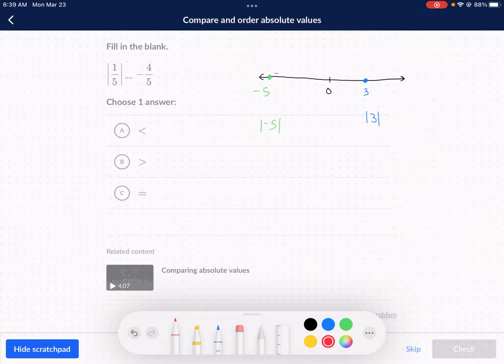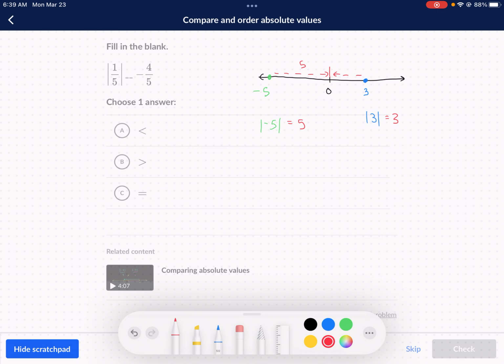So -5, its distance away from 0 is simply 5 units. So it's 5 units away, so this equals 5. Now, 3, how far is 3? 1, 2, 3 units also until we get to this point of 0. So this is also equal to 3.